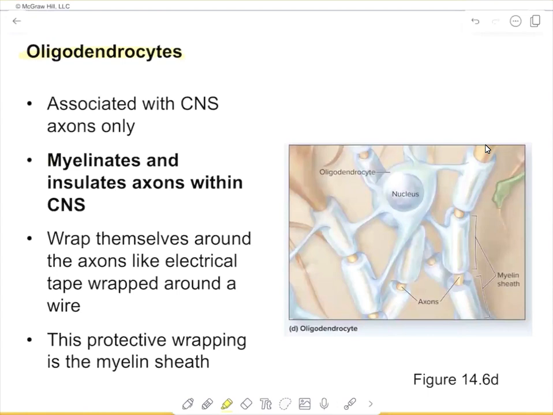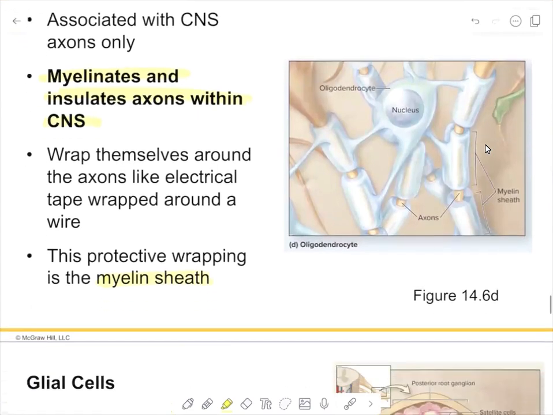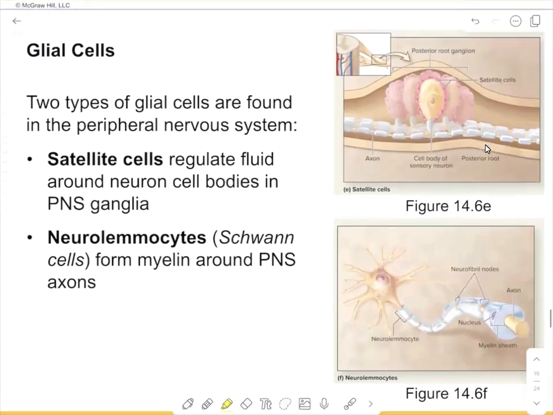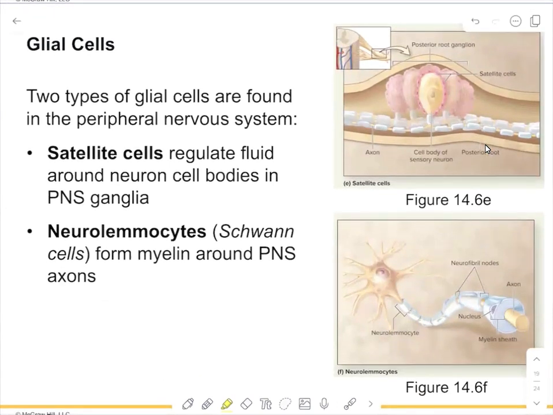And the most important thing that they do is they myelinate and insulate axons within the central nervous system. The reason this is important is they produce a myelin sheath, and this allows the action potential of the impulse to spread much more quickly. In the peripheral nervous system, we find two types of glial cells.